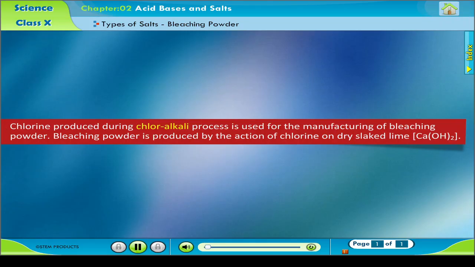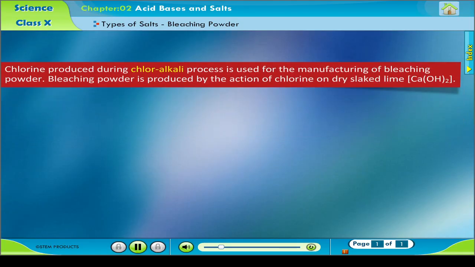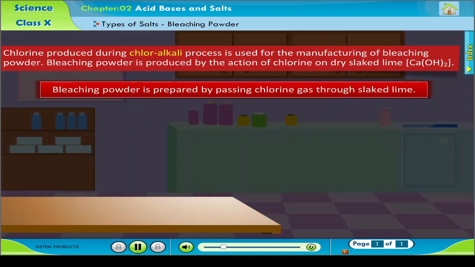Chlorine produced during the chlor-alkali process is used for the manufacturing of bleaching powder. Bleaching powder is produced by the action of chlorine on dry slaked lime, Ca(OH)2. Bleaching powder is prepared by passing chlorine gas through slaked lime.